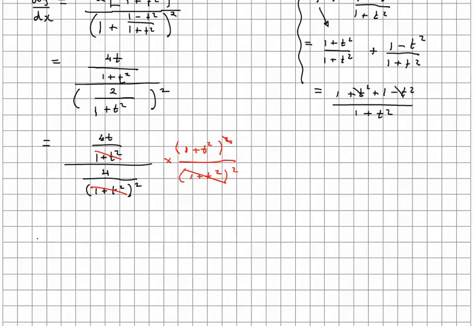So what I'm left with is 4t times (1 plus t squared) all over 4, which is equal to, if we knock the 4's out, t plus t cubed, and that's what they wanted.